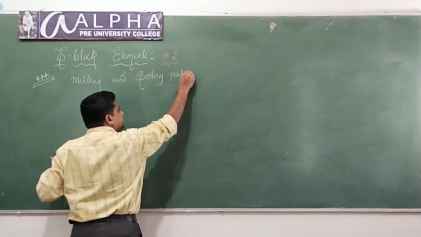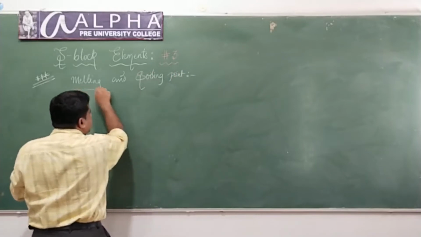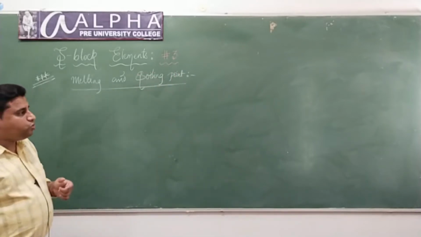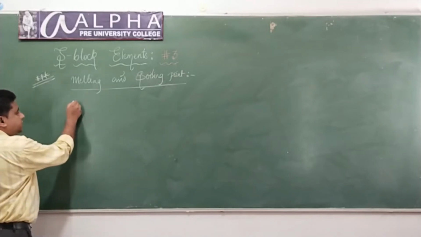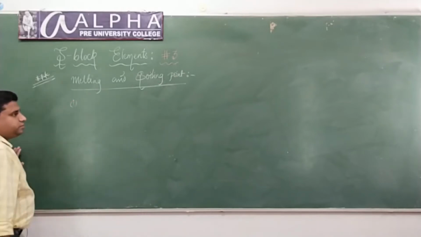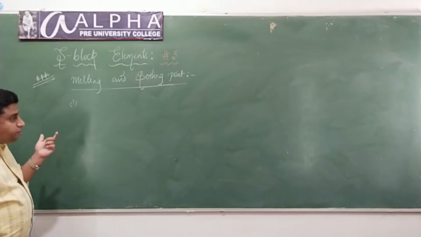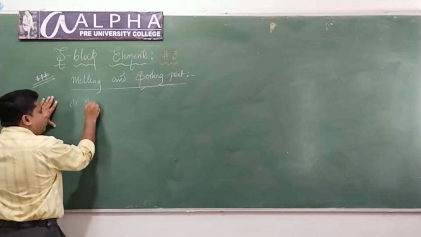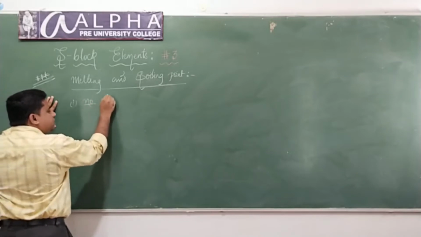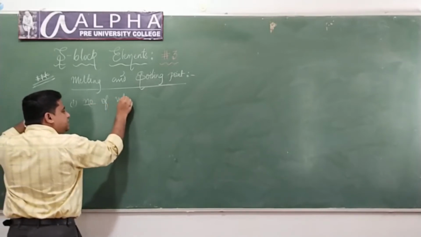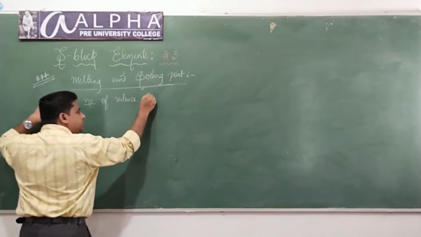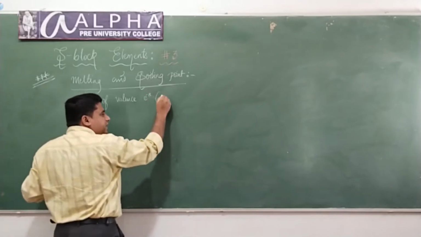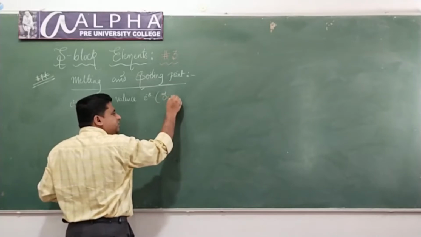Look here, the melting and boiling point depends upon two factors. One is the number of valence electrons, it is directly proportional in this case.